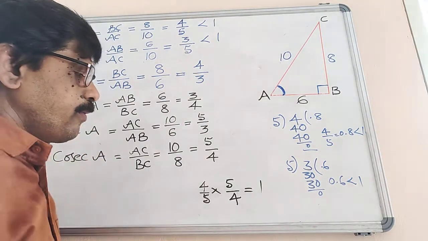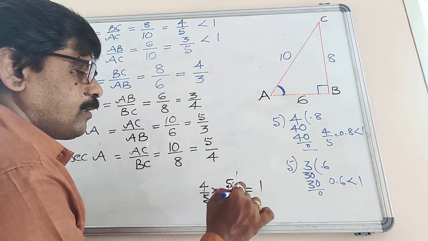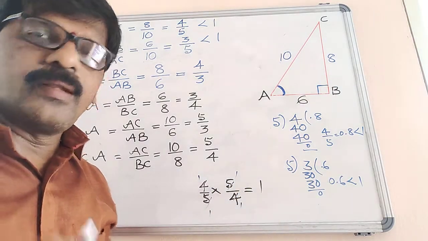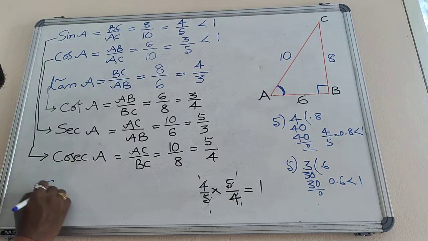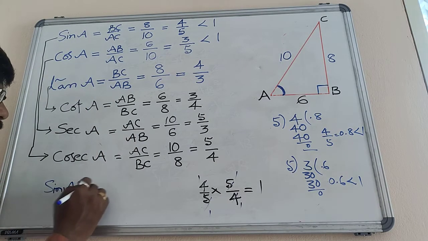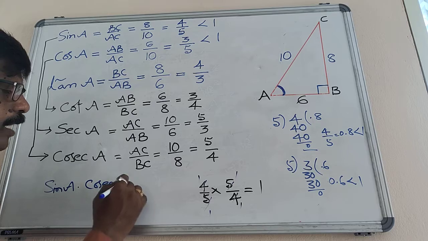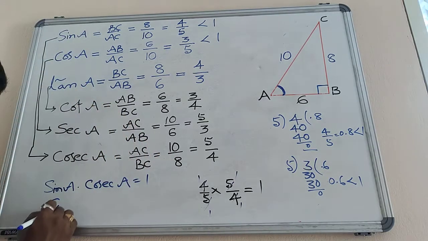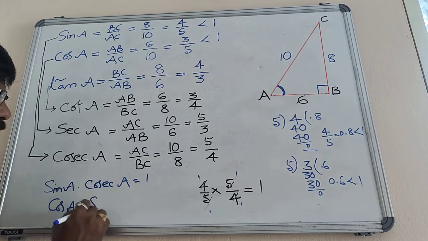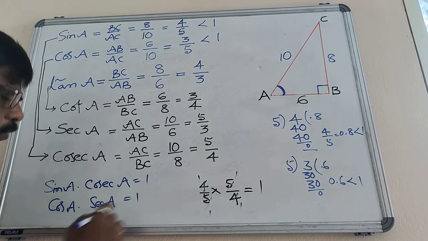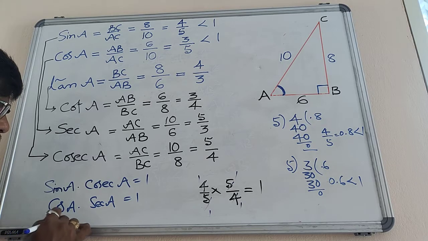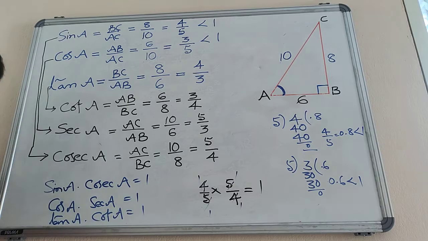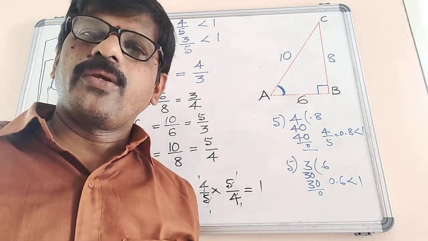Because 5 ones are 5, 4 ones are 4. It will be 1. What do you observe? Sin A into cosecant A equals 1. Similarly, cos A into secant A equals 1. Similarly, tan A into cot A equals 1. Clear all of you? So, thanking you one and all.